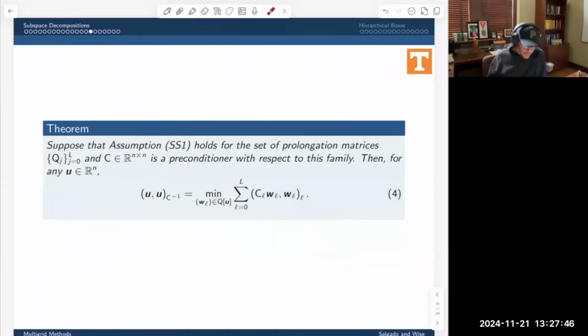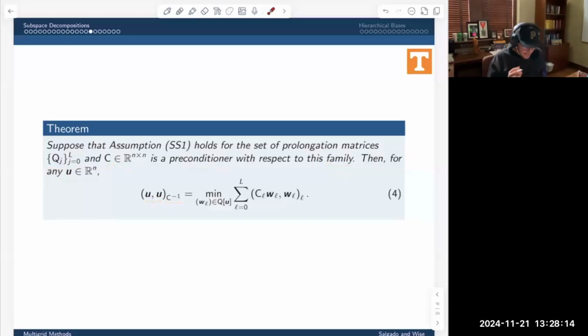Okay, suppose that assumption SS1 holds. We have a subspace decomposition involving these prolongation matrices, and suppose that C is a preconditioner with respect to this family. So we gave the definition, and then of course we showed that if C is a preconditioner, then it's a SPD matrix. Then for any U in R^n, U measured in the C inverse inner product.